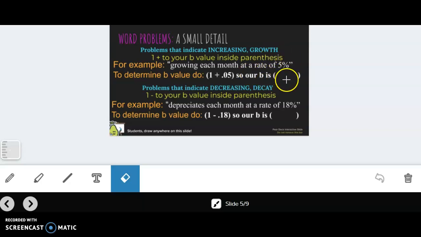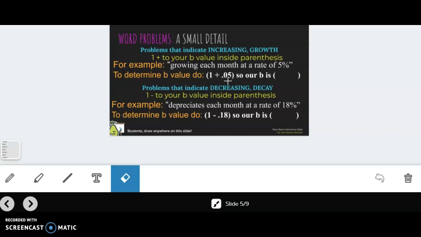I know my percent is 5%, right? So I went ahead and I converted that already. I moved my decimal 2 times to the left, so I know it's 0.05. So in order to figure out what my B actually is, right, I have to do 1 plus whatever decimal I got for my percent.